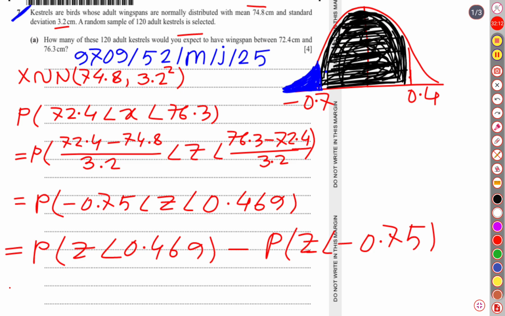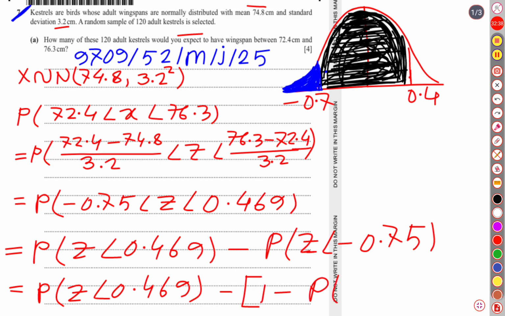So let us write probability when z-score is 0.469. And for this tiny blue shaded part, we just subtract from 1, as we did in the previous case. I think you remember this. From 1 we will subtract the large part. For the tiny part, we always subtract the large part.